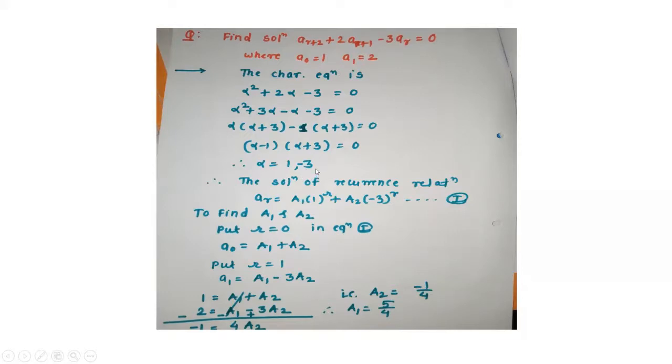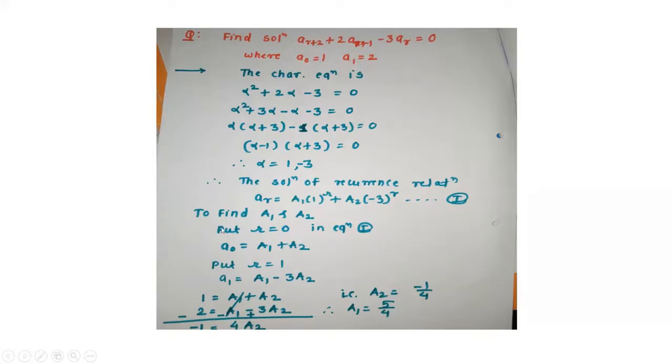These roots are distinct. So the solution of the recurrence relation is a_r equal to A1 times 1 raised to r plus A2 times minus 3 raised to r. Here the initial conditions are a_0 equal to 1 and a_1 equal to 2, so the values of r are 0 and 1.